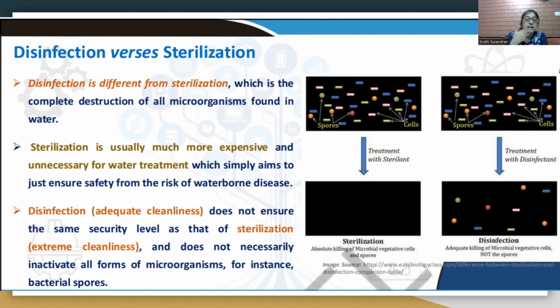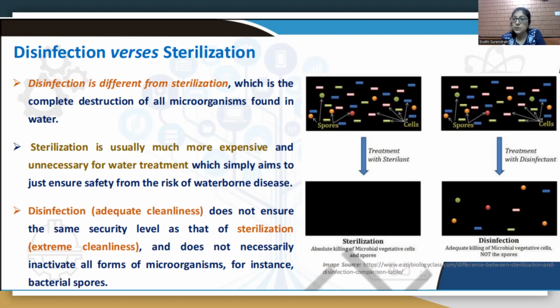So definitely disinfection is preferred over sterilization in terms of water treatment. Why? Because our major aim is to remove pathogenic microorganisms from water. As the points here say, sterilization results in complete destruction of all microorganisms. It is also more expensive, and in terms of water treatment, it is not necessary.